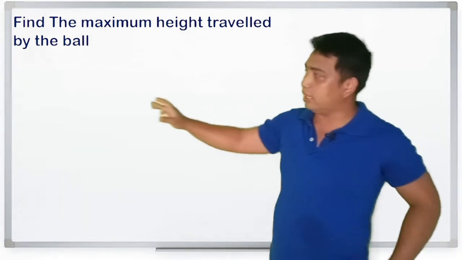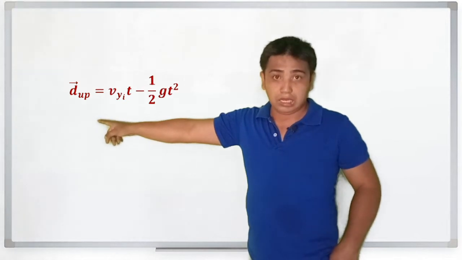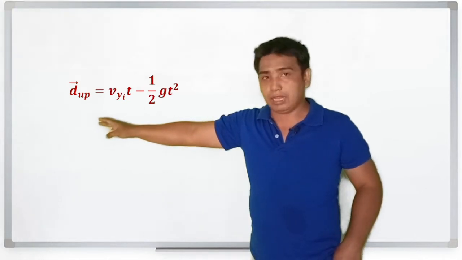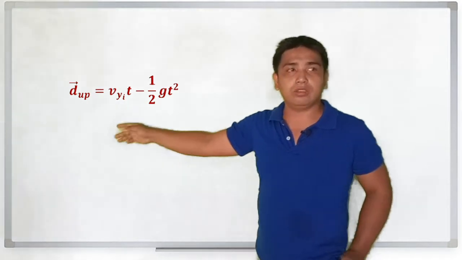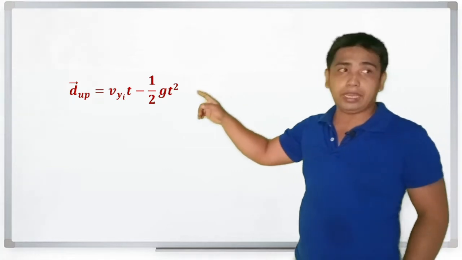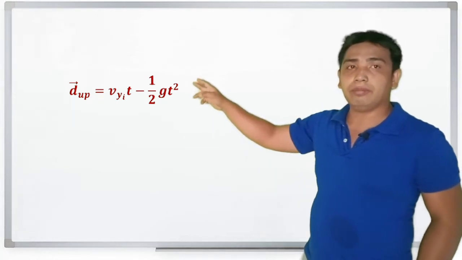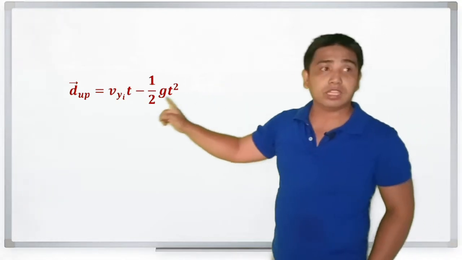So you will see that here we have 1.53 seconds as one of the values which is available to us right now. Alright, so the solution is the height is equivalent to VYI times time minus 1/2 GT squared. And then we're going to substitute that.